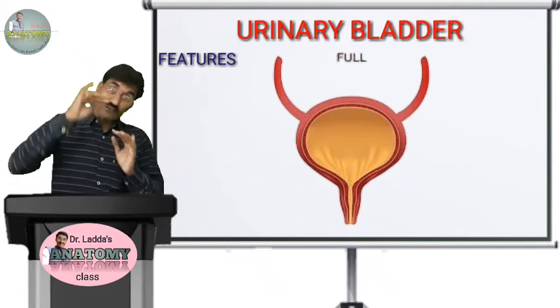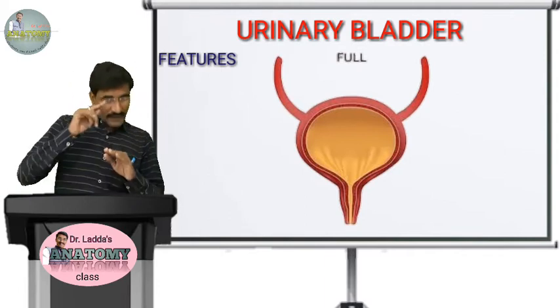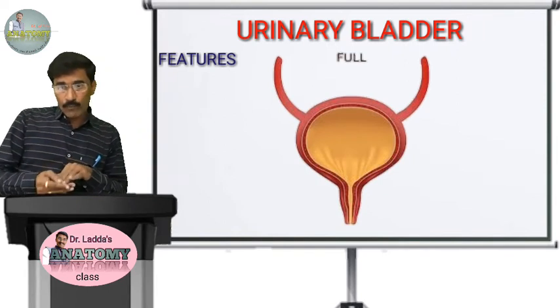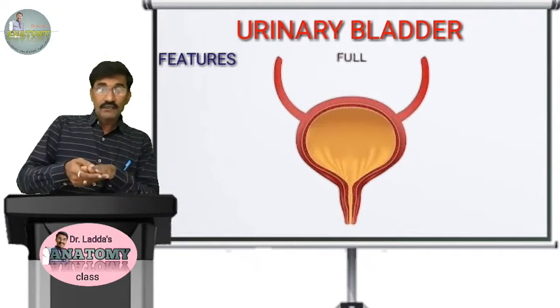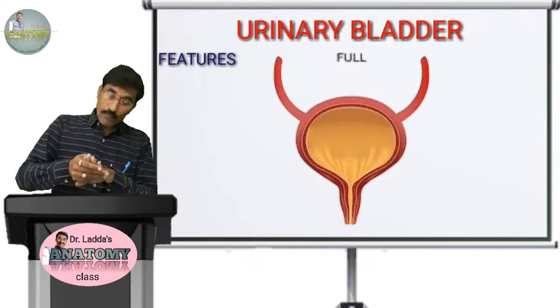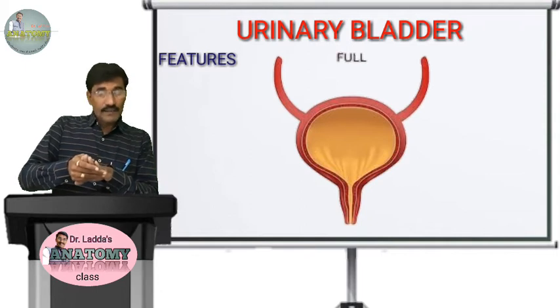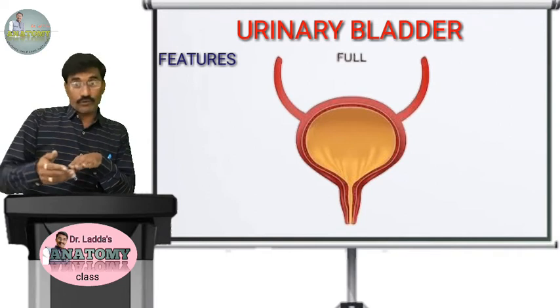In the full bladder the apex is directed upwards towards the umbilicus, whereas in the empty bladder the apex is directed forward.